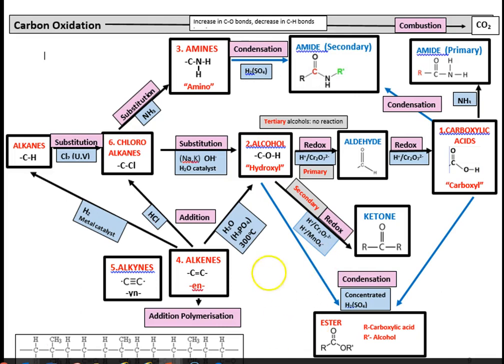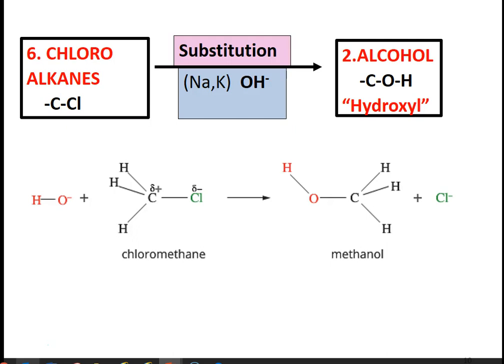Okay, so we've now swapped our hydrogen for our chlorine, so we're going to swap the chlorine for an OH to make an alcohol. The easiest way is to use a hydroxide. Hydroxide ions are negatively charged.